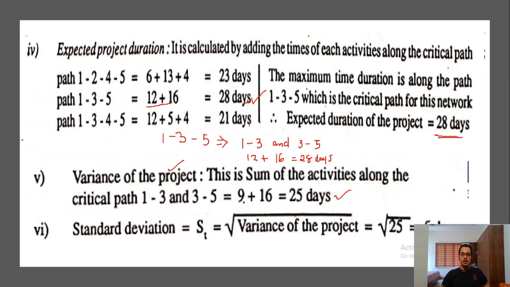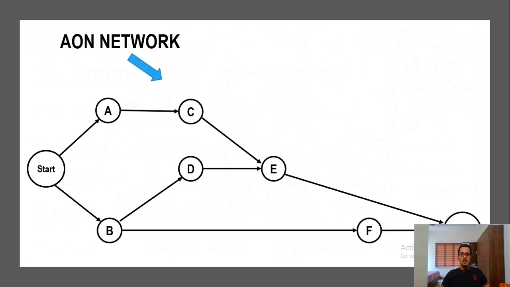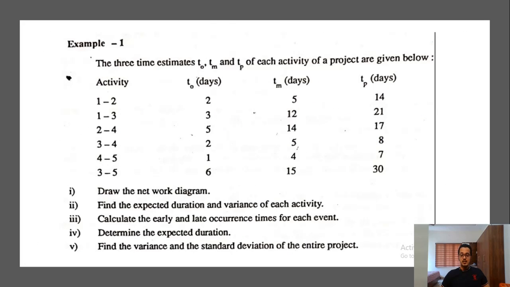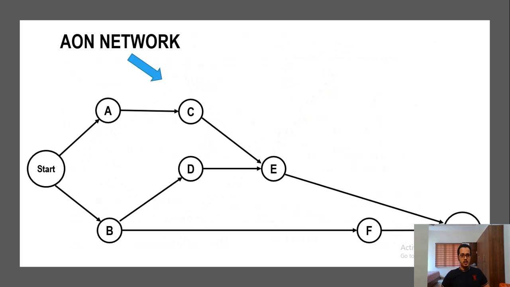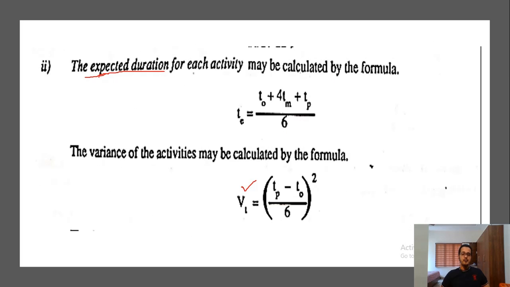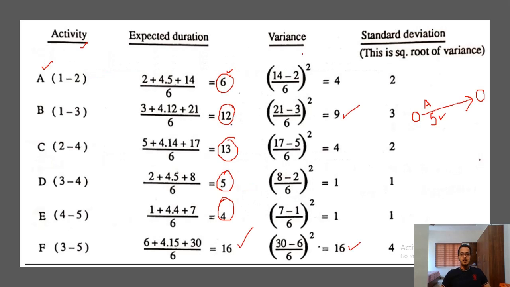I hope you understood how it is calculated. When you get a question like this, first you have to draw the AOA network and AON network, and from that you develop this table. This table is very important. From the table you can get the expected duration, variance, and standard deviation.